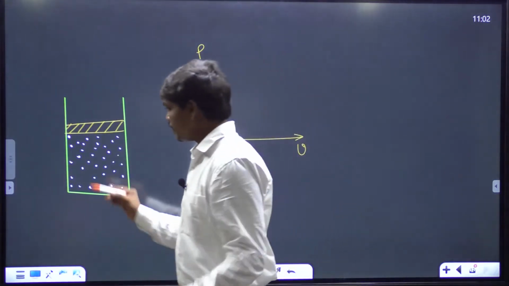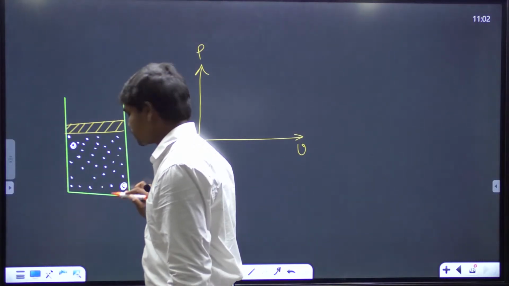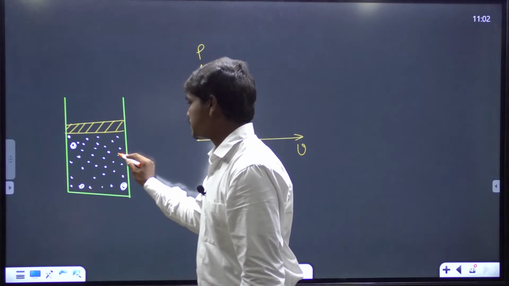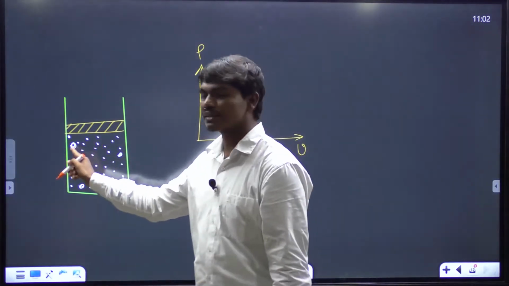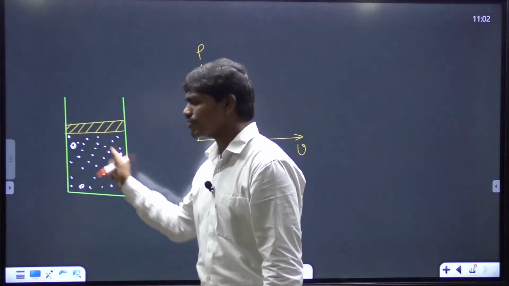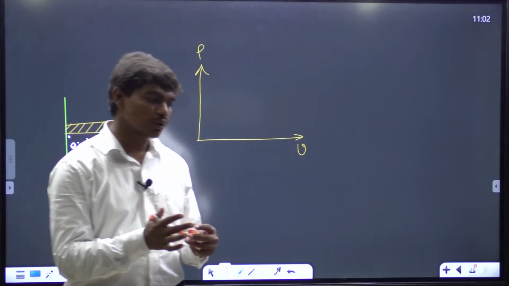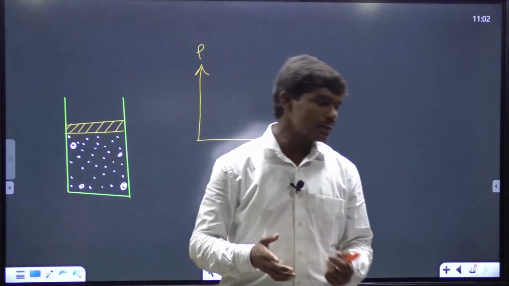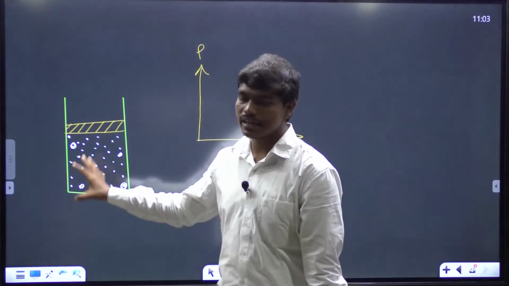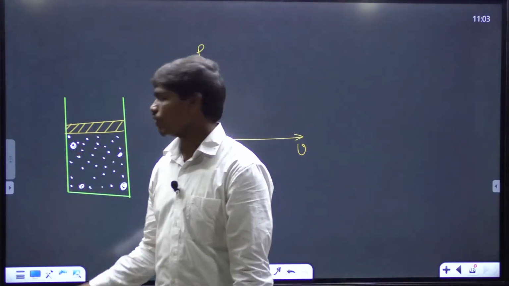Means, for example, if the value of pressure at this point is P1, then definitely the value of pressure at this point is also P1. Means at every point, if you consider the properties, they are the same. If pressure, temperature, specific volume at this point is the same as at this point and also the same as at this point, at every point, if the values are the same, then we say the properties are uniformly distributed throughout the system. Normally, if we keep the system by itself, it will attain equilibrium, which means at every point there will be some uniform concentration of the volumes and all these things.